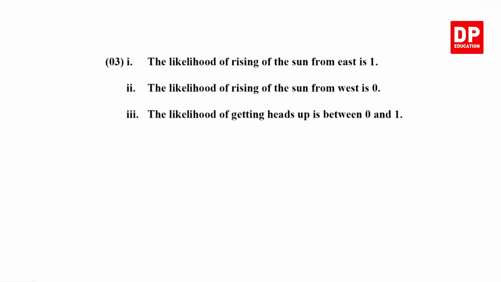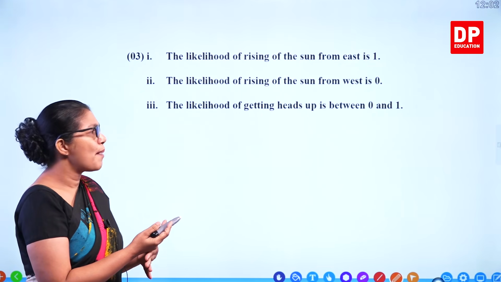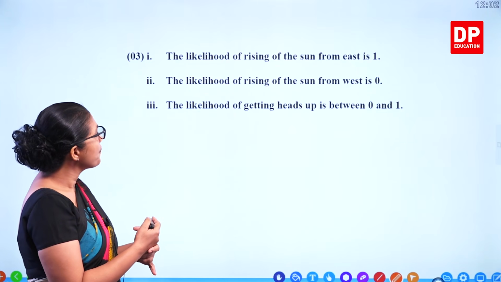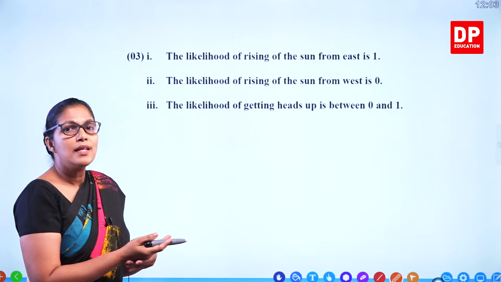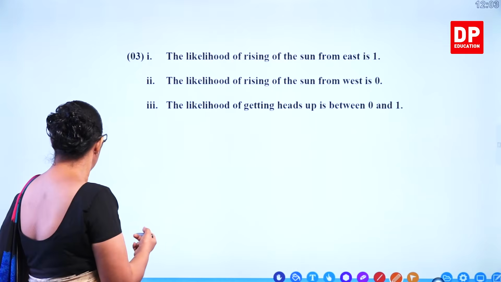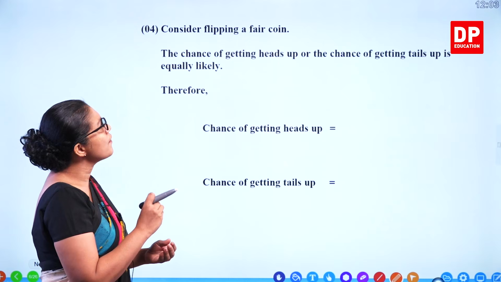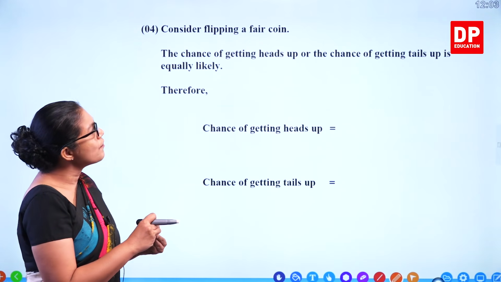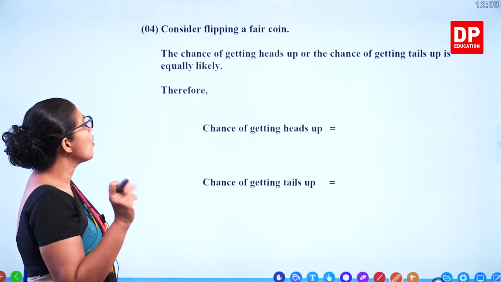The likelihood of the sun rising from the east, that's definitely happening, is 1. The likelihood of the sun rising from the west, it's not happening, so that's 0. The likelihood of getting heads is between 0 and 1 because that's a random event. So consider flipping a coin. The chance of getting heads or tails is equally likely if it's a fair coin.